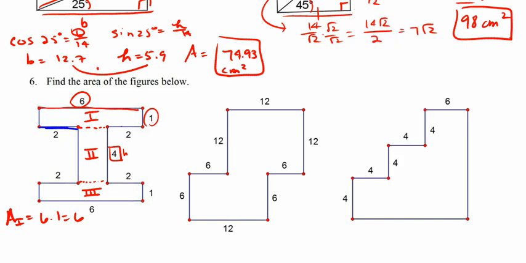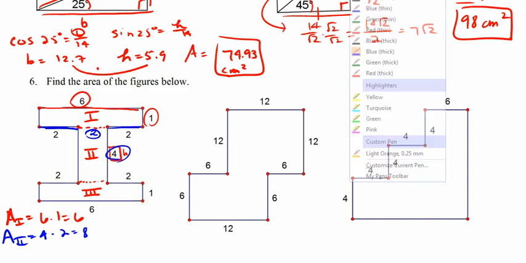Subtract out 2 and 2, then 6 minus 2 minus 2, 6 minus 4 only leaves me 2 here. So I know the height is 4 and the base is 2, so the area of space 2 is 4 times 2, or 8.